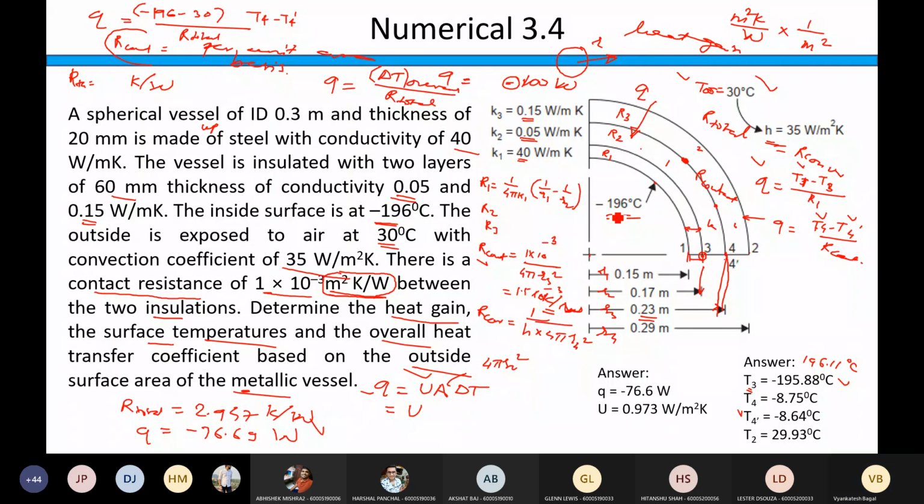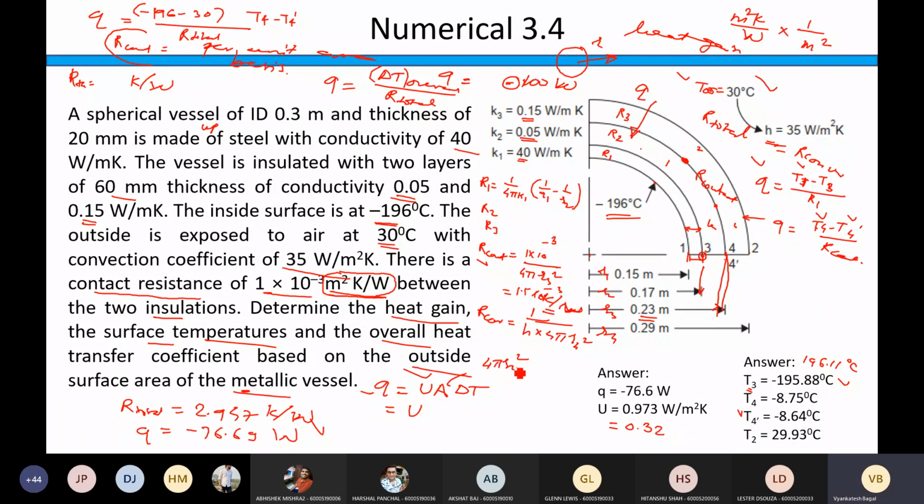Okay, fine. Now find out T2. The value is coming different. U, sir. Okay. So what is the value you are getting? 0.32. You are getting 0.32.